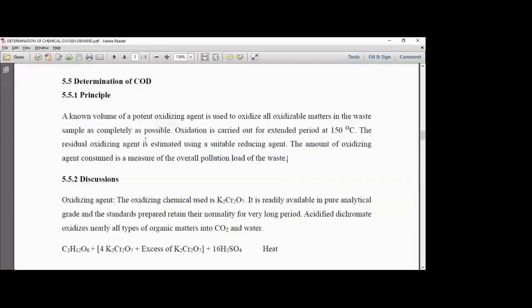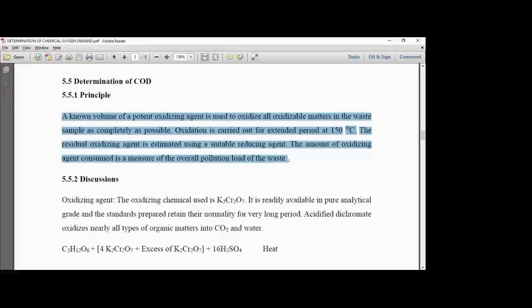Many times this principle of experimentation is confusing or difficult to understand. I'll try to break it down for you, and if you understand this principle, all the COD experimentation is understood, right?